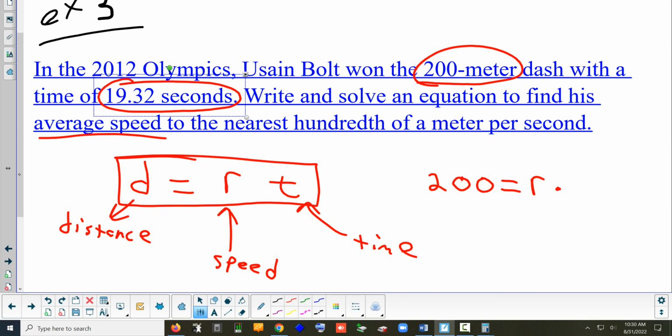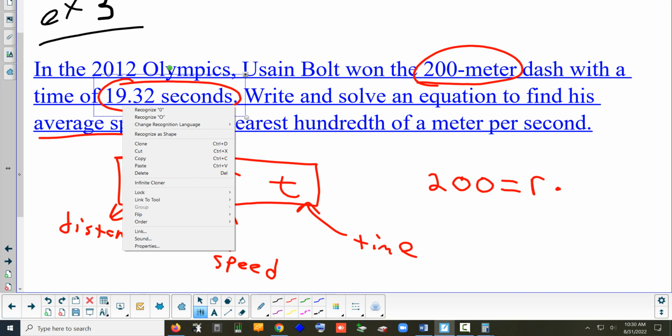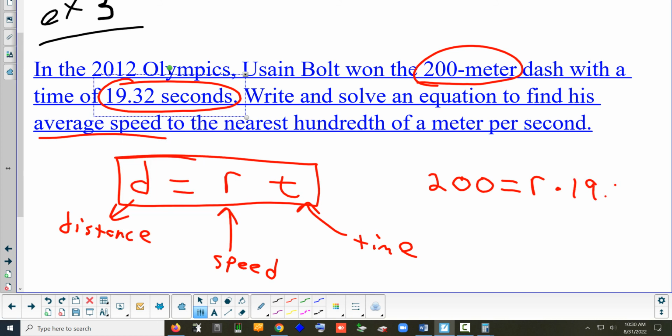Now, the only thing I don't like about the way I started writing the equation is I put a dot to represent multiply, but the time has a dot too, so that looks a little confusing. So what I would probably do instead is put that in parentheses. Now it doesn't look as confusing.